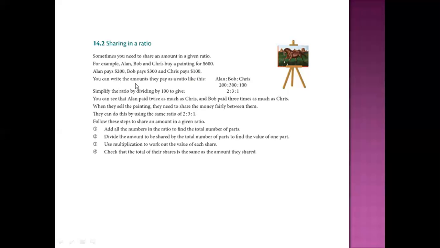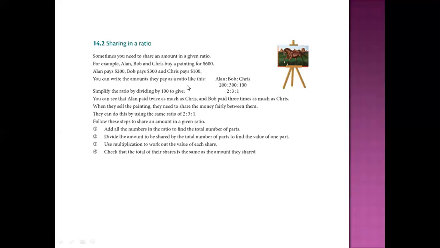So you can write the amounts they pay as a ratio like this: Alan, Bob, and Chris, 200, 300, and 100. When you add all the numbers, you will get $600.